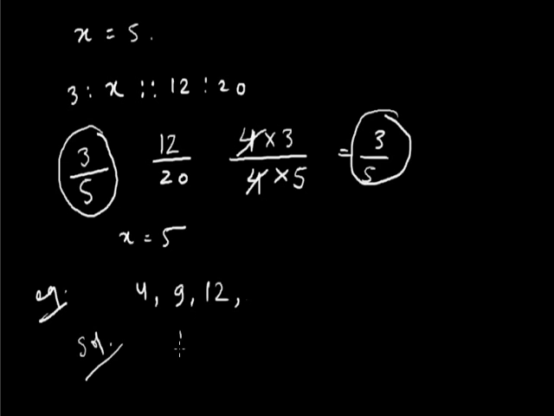That means let us assume the fourth proportional equals x. Now according to the given condition 4, 9, 12, x, this is the fourth proportional. That's why this comes in the last place. They should be in proportion. That means 4 ratio 9 must be proportional to 12 ratio x.